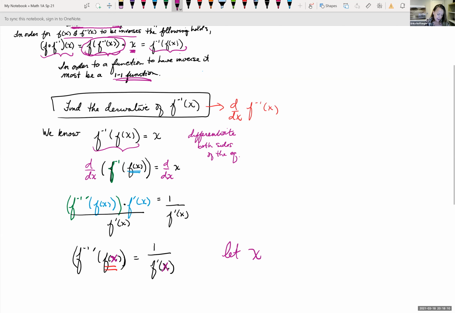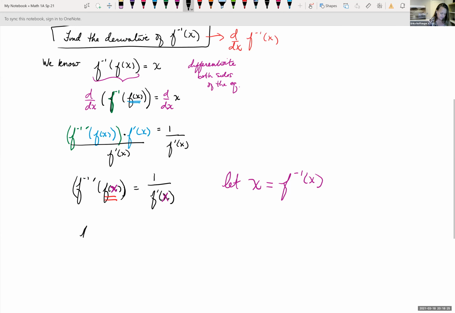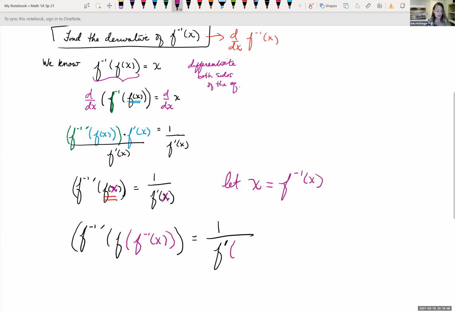And so if we let x equal the inverse function of f of x, and we go back in here and plug it in, we would have the derivative of the inverse of f, but now we're replacing x with f inverse of x, is equal to 1 over the derivative of f of f inverse of x.